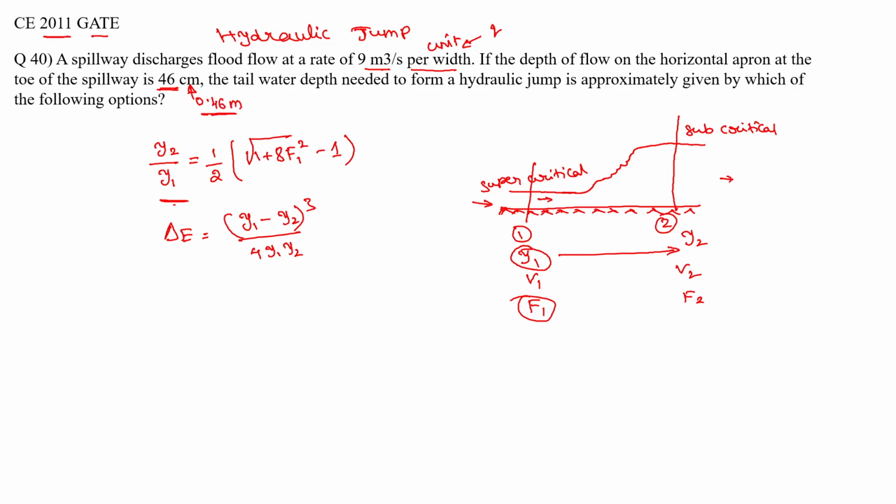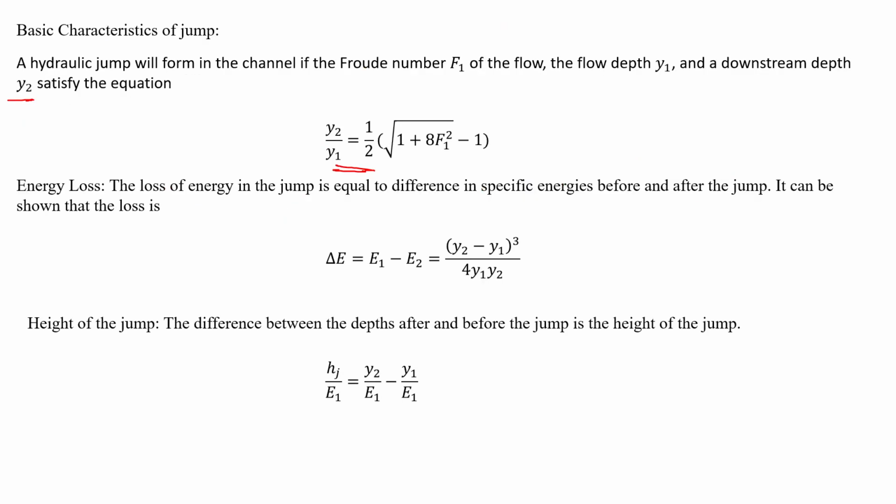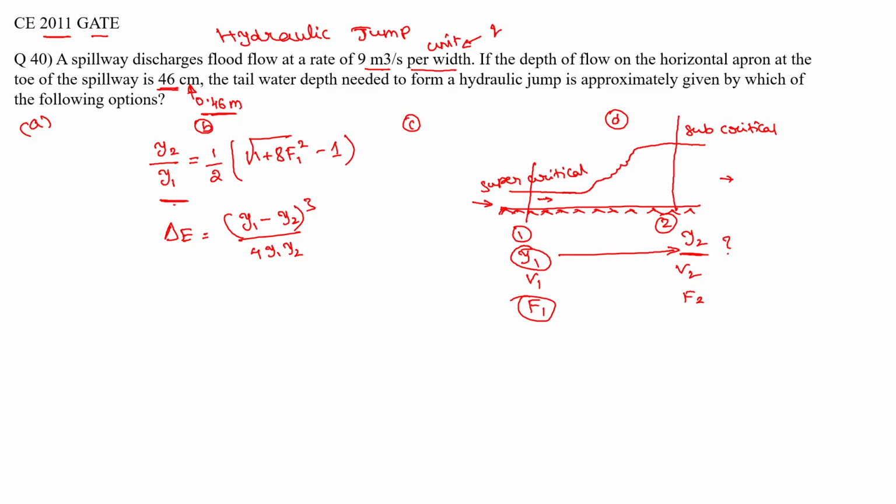The tailwater depth needed to form a hydraulic jump is approximately given by which of the following options. So the options are given: A, B, C. Essentially we need to calculate the y2 value. How much is the y2?